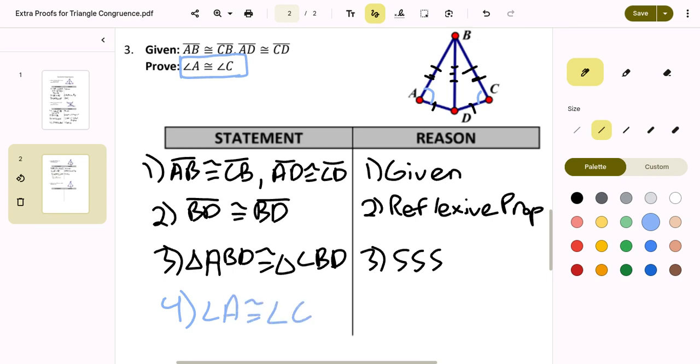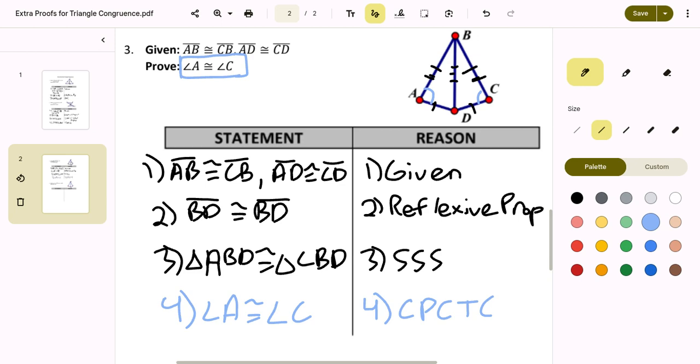And that's because of that theorem or statement or definition we had back in 5.2, that the corresponding parts of congruent triangles are congruent. Now, I'm not going to take the time to write that out, and I don't expect you all to either. We're going to abbreviate that CPCTC. But once again, that stands for corresponding parts of congruent triangles are congruent, is where we get that from.